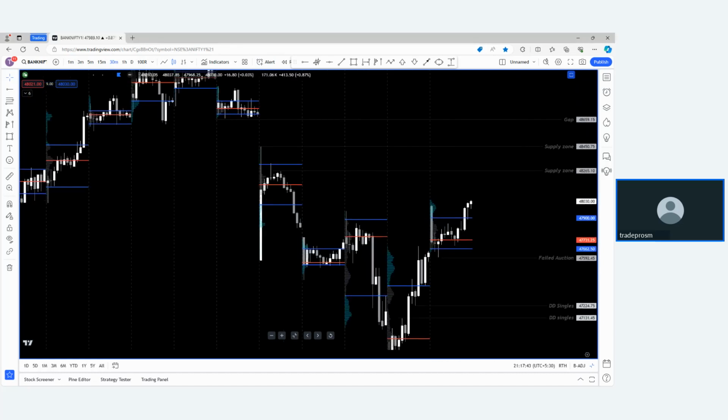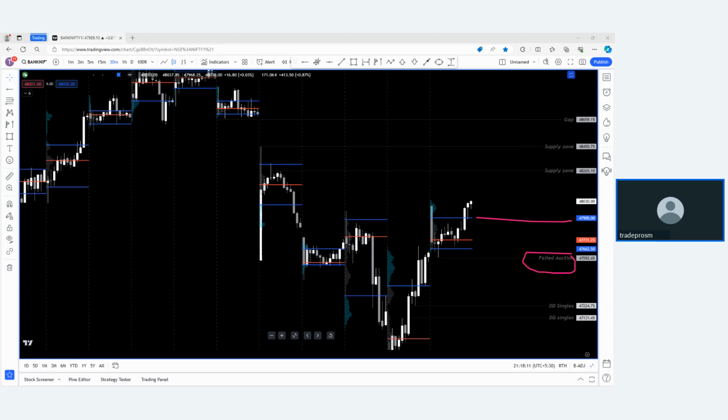Okay, so on the opposite side, the worst case on the downside: 47,900, the value area high, is your immediate reference. If price is unable to stay above this value area high of 47,900 in the next session, it could drop down immediately. Rotations should happen within this particular range, and we may get a failed auction, which may get cleared.